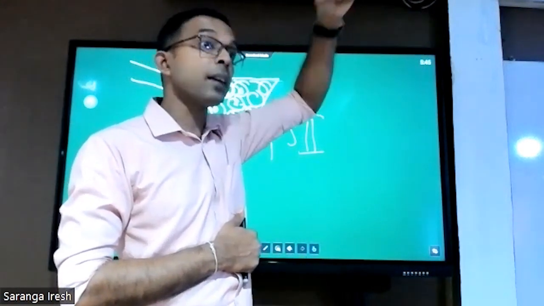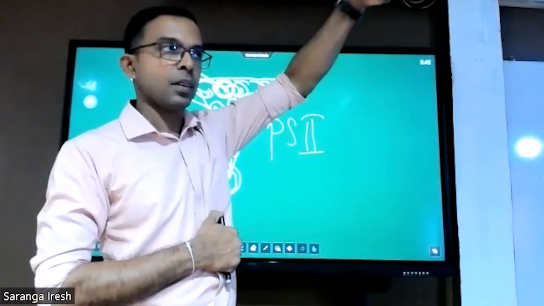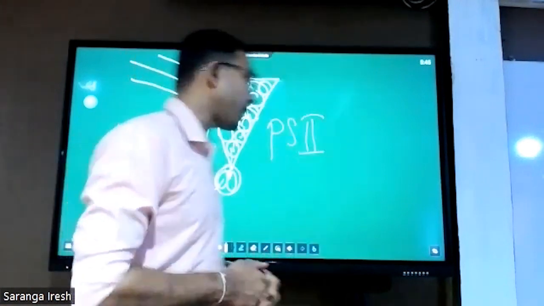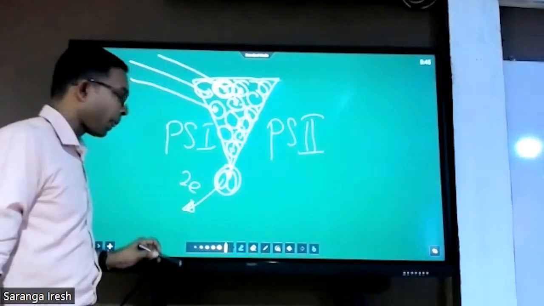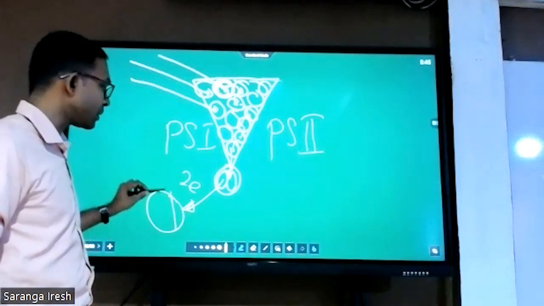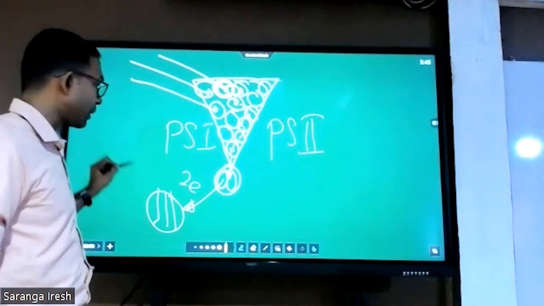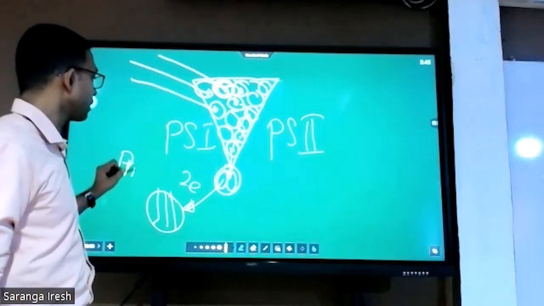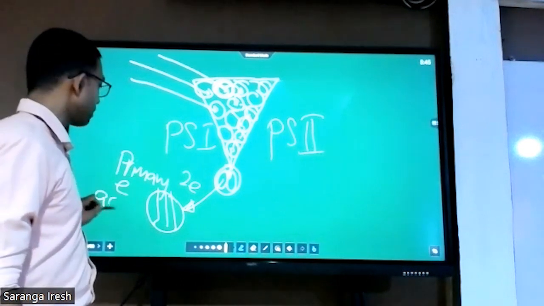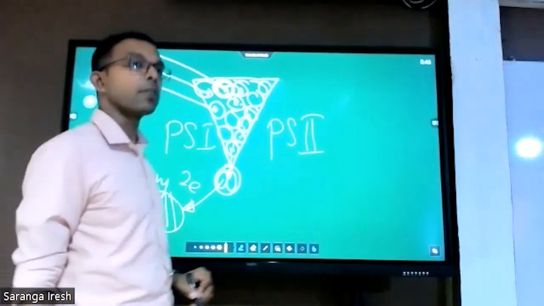Now, two electrons got high energy. When the electrons are released, they are accepted by a molecule present on the thylakoid membrane called the primary electron acceptor.